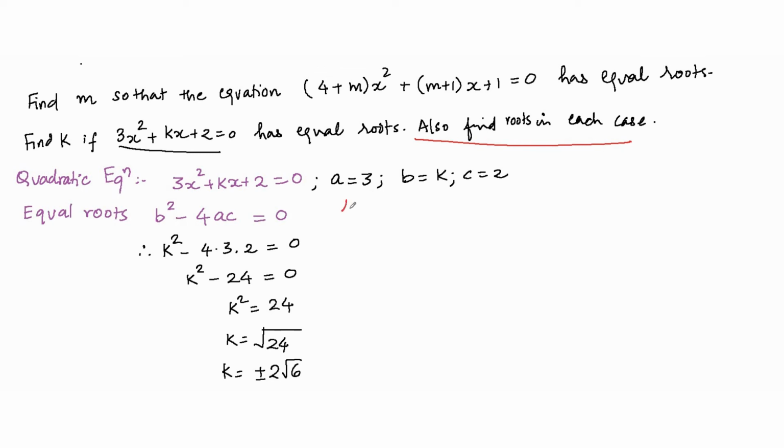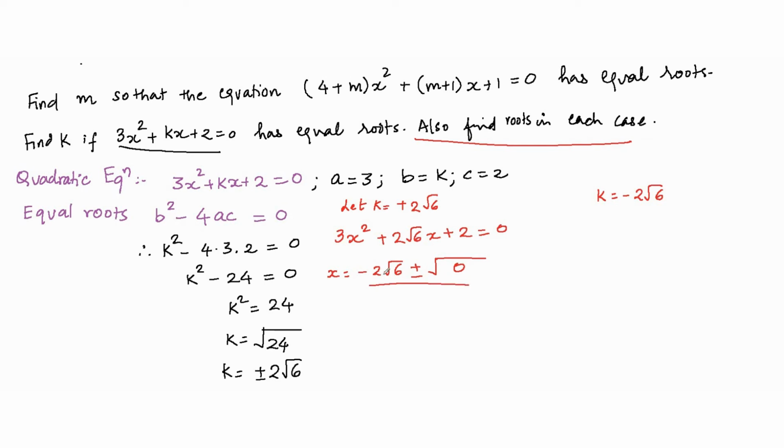So let me first take k equal to plus 2 root 6, and then I will have to take the second case where k is equal to minus 2 root 6. Let's assume that k is equal to plus 2 root 6. So the equation becomes 3x square plus 2 root 6x plus 2 equal to 0. And now I can use the quadratic formula. So x is equal to minus b, that's minus 2 root 6, plus or minus square root of b square minus 4ac, which is 0, divided by 2a.